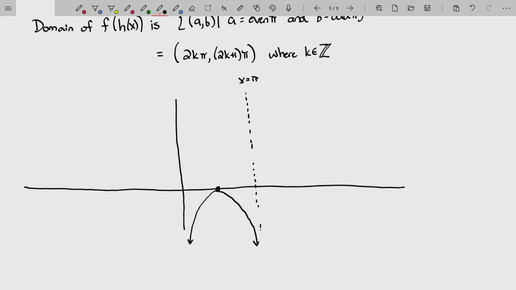And by the way, there should be an open region, and that pattern will repeat from 2 pi to 3 pi, because the pattern repeats for the sine. So it should look like this.